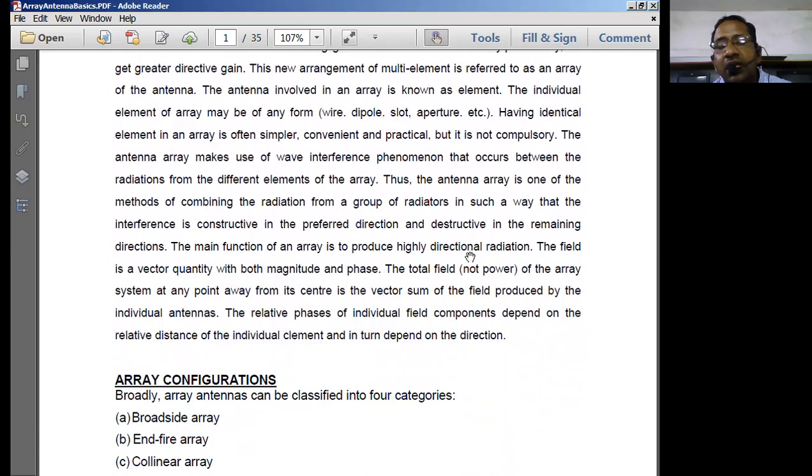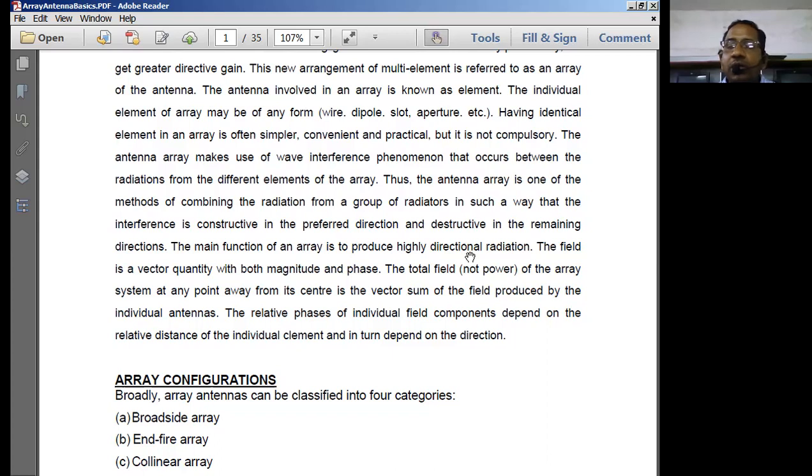So in the case of an array of antennas, we have a collection of antennas connected in an array fashion. Thereby we simply call it an array of antennas. It is something like an integer array, where the integer array contains all the elements of integer values.